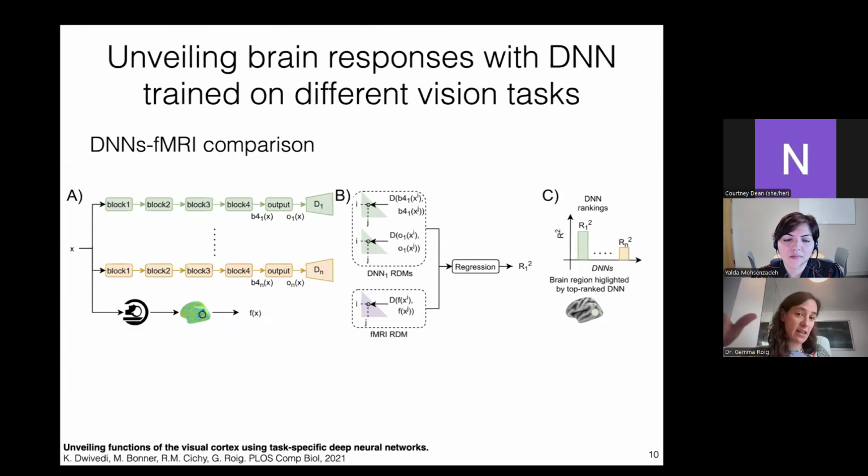So you compute the RDMs for the representation of the model, the RDMs for the representation of the fMRI responses, and then in this case we use a regression because we use two kinds of representations of the model, which is the last layer and the previous one, which is the most task related, but this is just a detail. And then we can obtain a ranking and compare different models on how they can predict or explain the variance of the fMRI data.